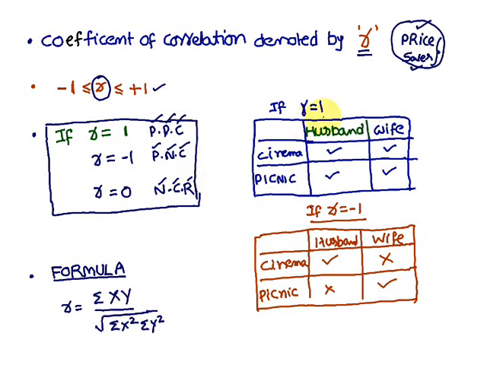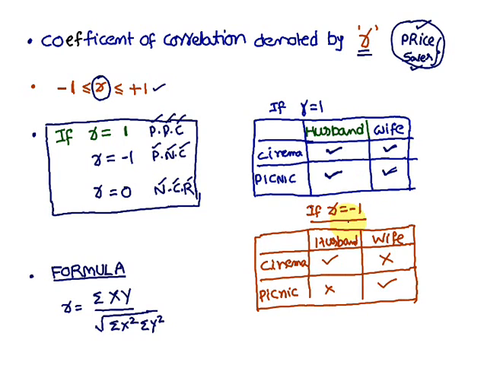Consider an example for R equal to 1. Let us discuss the relation between a husband and wife. Consider the concept of cinema. If the husband says yes for cinema and the wife also says yes, or for a picnic the husband says yes and the wife also says yes, then it is a positive correlation, that is R equal to 1, perfect positive correlation.